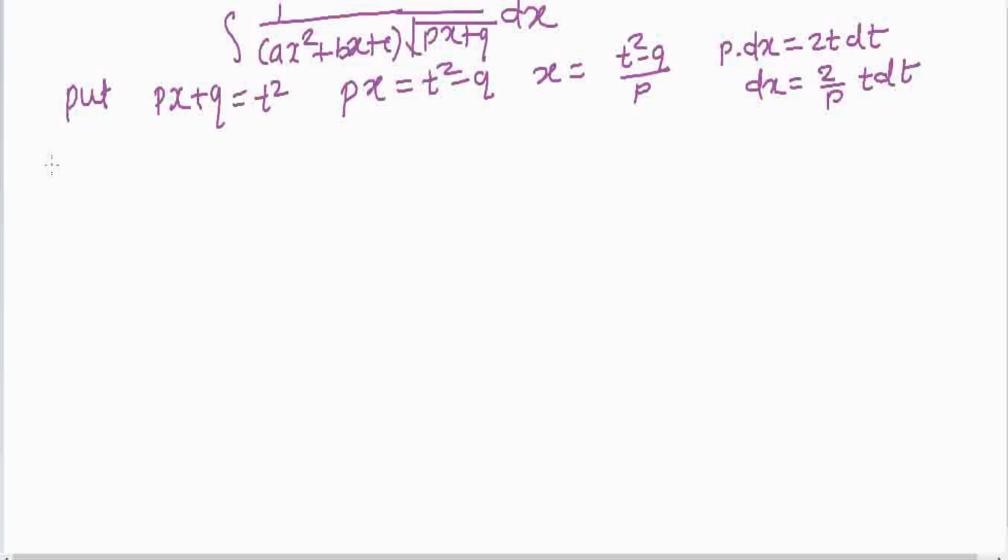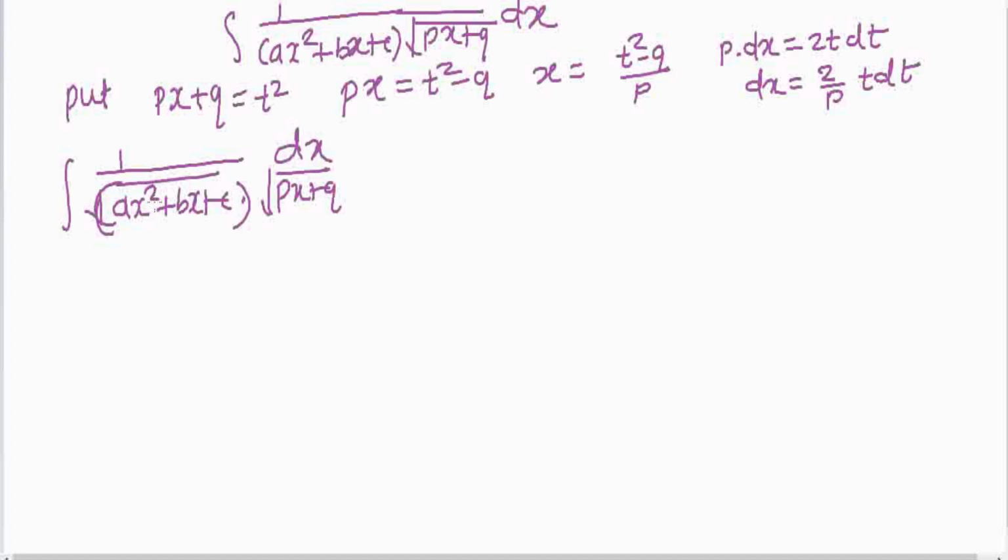So that this integration 1 divided by under root of ax square plus bx plus c into under root of px plus q into dx. This term is not in a root. Okay, so you can see that this will be converted into 1 divided by what is dx.